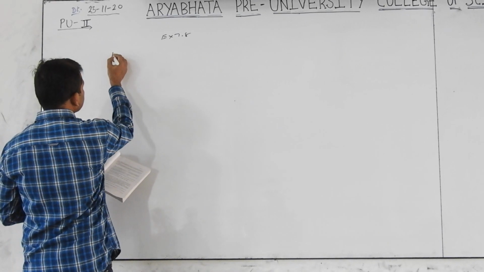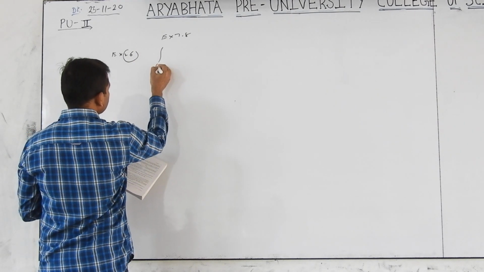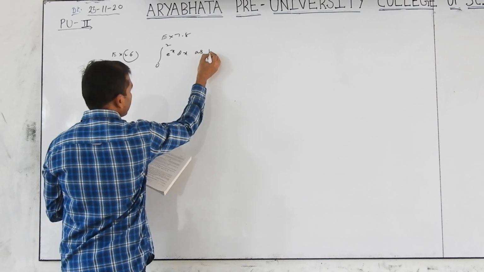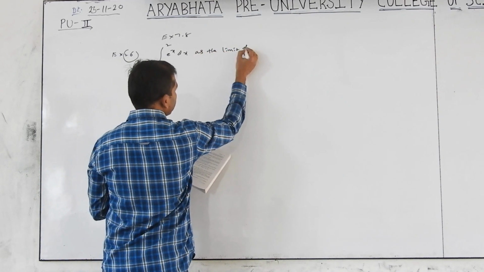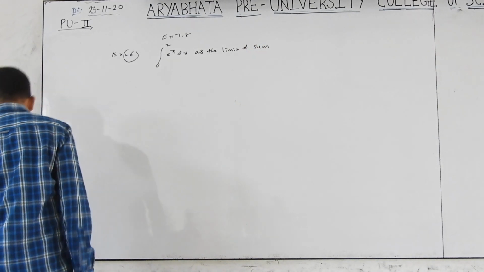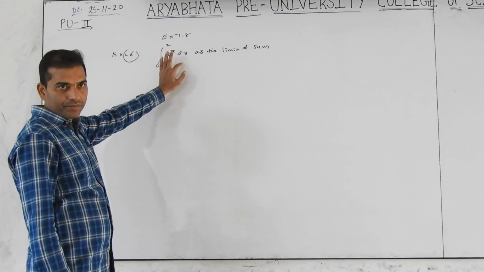Example 26. Evaluate integration of 0 to 2 e power x dx as the limit of sum. It was asked many times. Limit of sum: 90% this question chance will be in the whole exercise. This is the first priority.